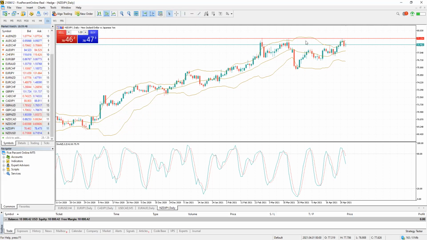So actually it respects the level that we have over there. That depends when you enter the market, but yeah, that's a classic sell. But be ready to move your stop loss to break even and do that kind of stuff.